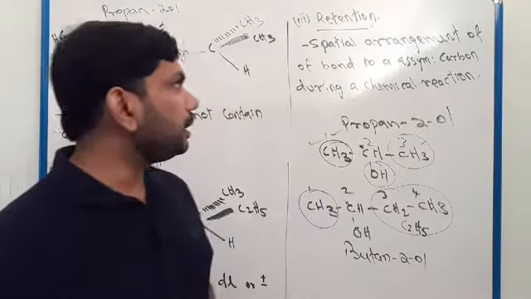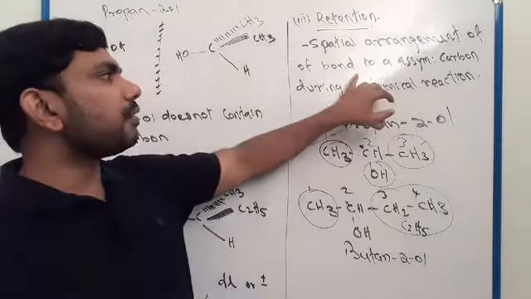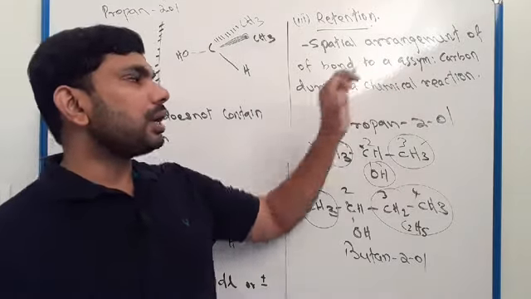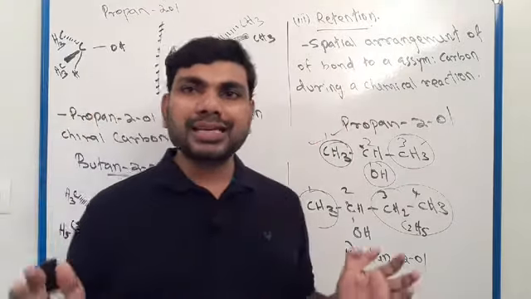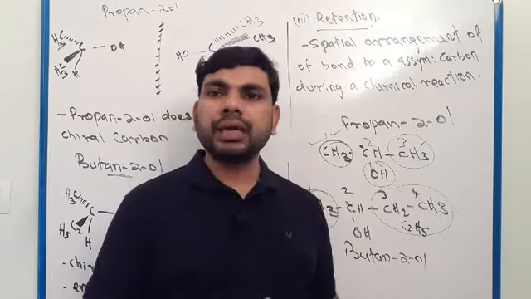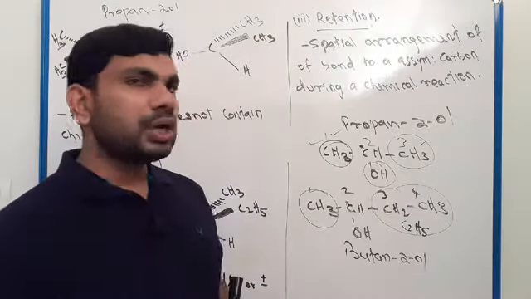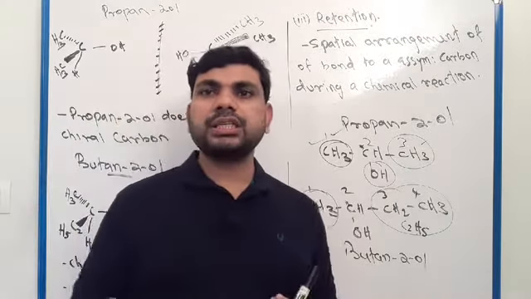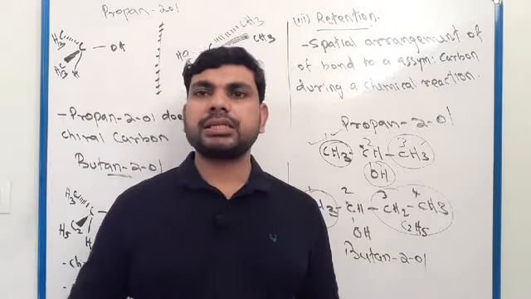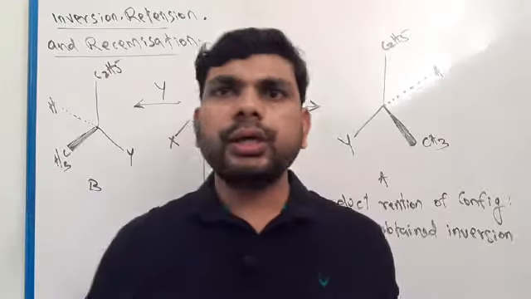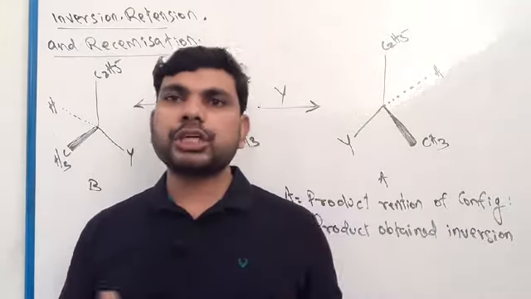Retention means spatial arrangement of chemical bonds around an asymmetric carbon atom during a chemical reaction. We have to understand more details about retention, and some examples we will discuss now.